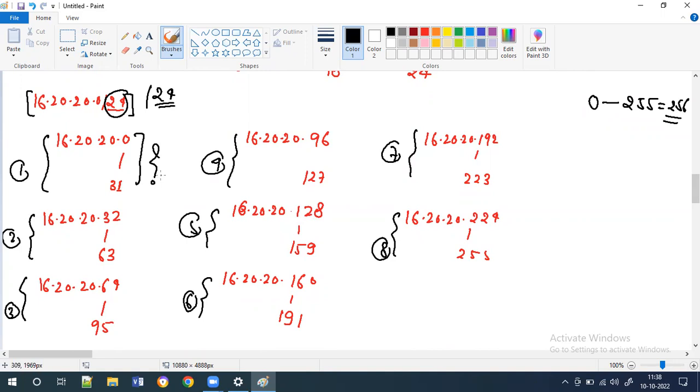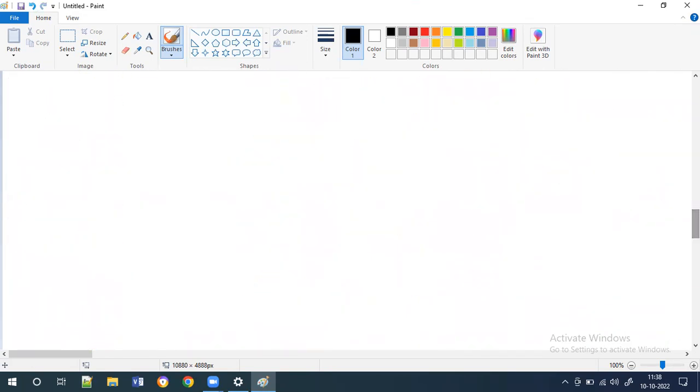This is what we have to identify. How to calculate this? Let's come. If I write this IP address once again, 16.20.20.0/24, right?